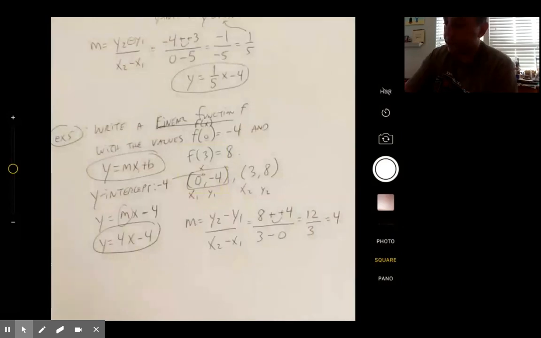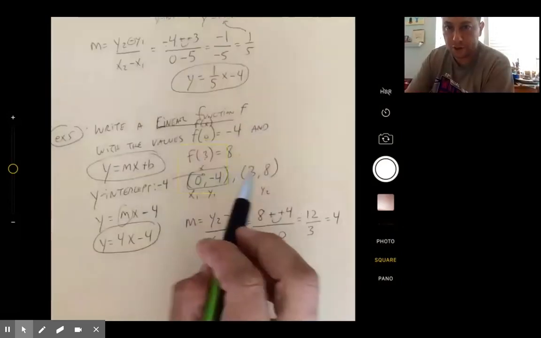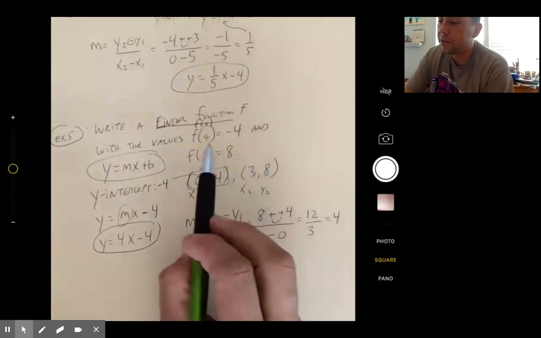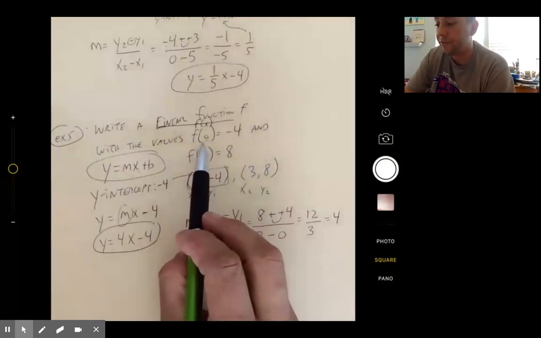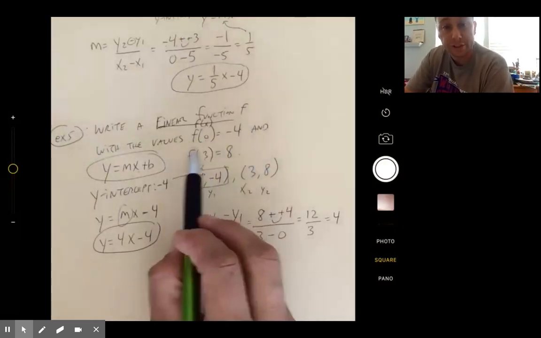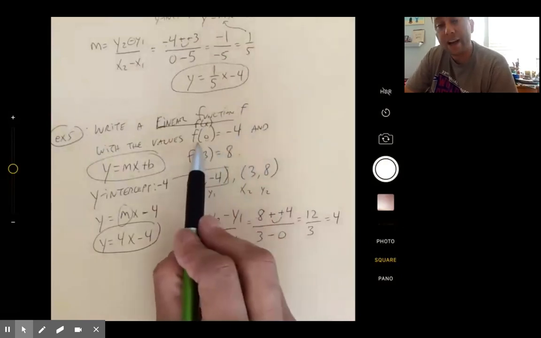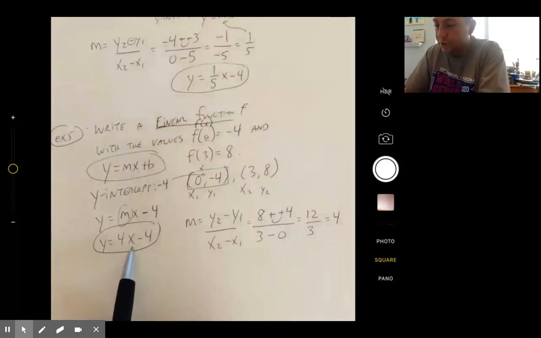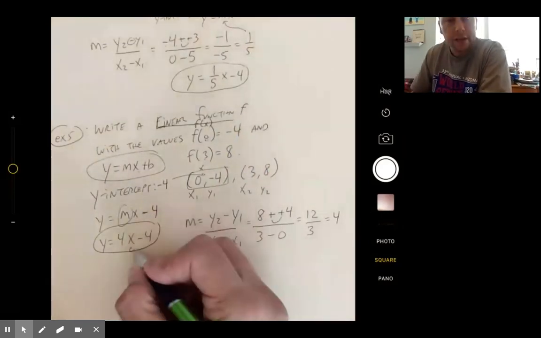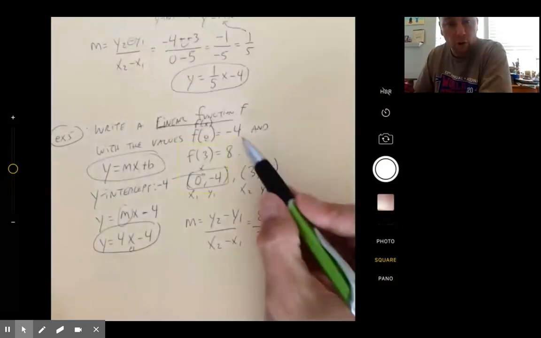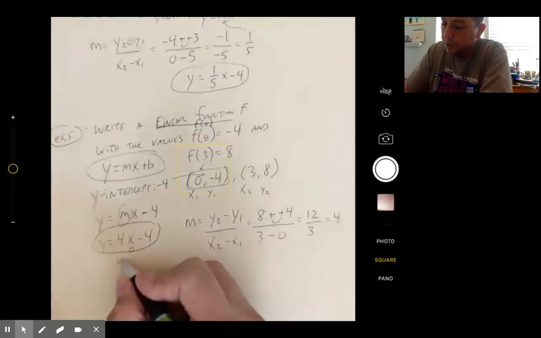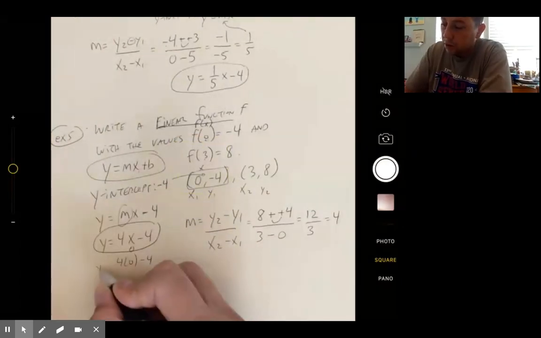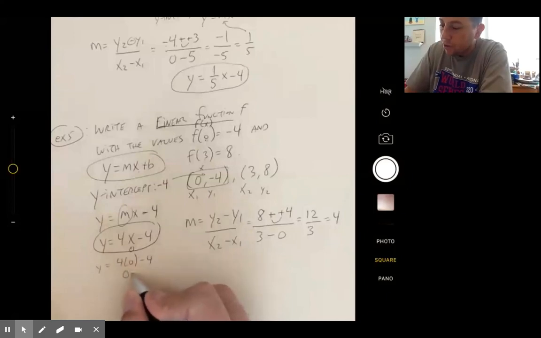Now, just to show you that this is true, and I just didn't make some crazy stuff up, this is telling me that, remember when it says the function of 0 makes -4? If I took 0 and plugged it back into here for x, it should give me a value of -4. Let's check it. 4 times 0 minus 4. Well, anything times 0 makes 0.